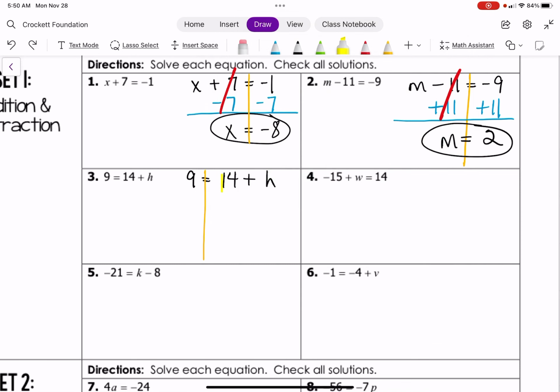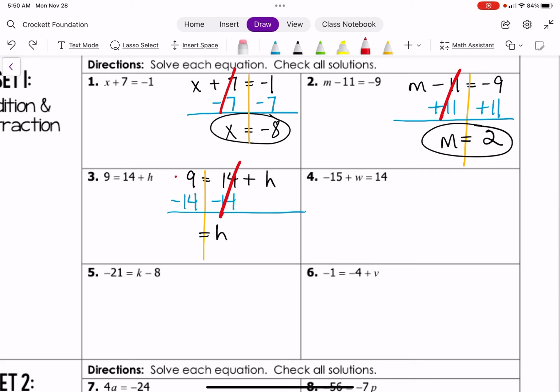Because that 14 is positive, to undo it, we're going to need to subtract 14 or add -14 to both sides. By adding -14, that gets rid of that 14. And then we're just left with h equals. Now, on this side here, there's a -14 and then there's a positive 9. The signs are different, so we go ahead and subtract again.